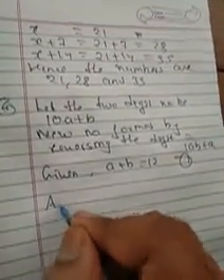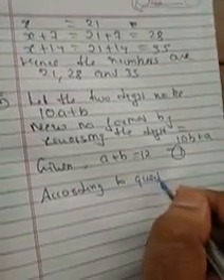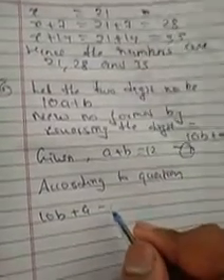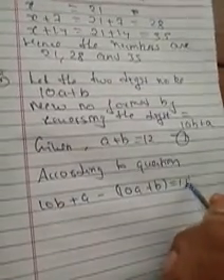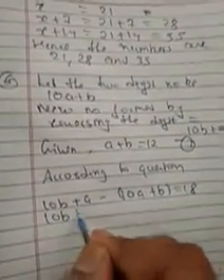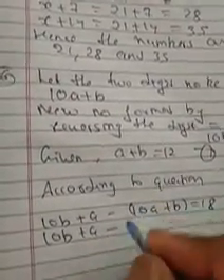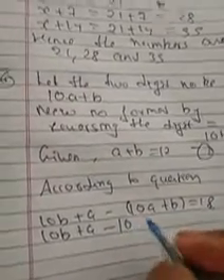Now according to the question, 10b plus a minus (10a plus b) is equal to 18. Now the sign will change: plus 10a will become minus 10a and plus b will become minus b, because there is a minus outside the bracket.